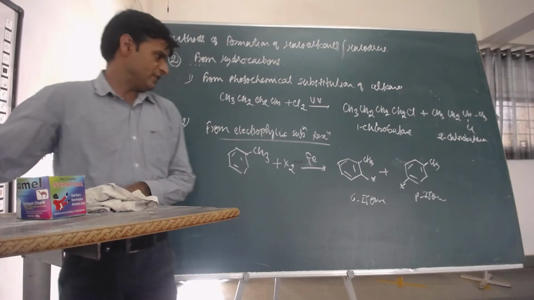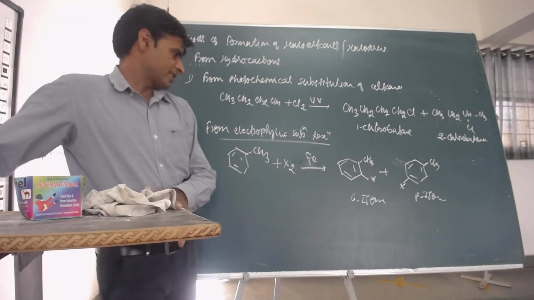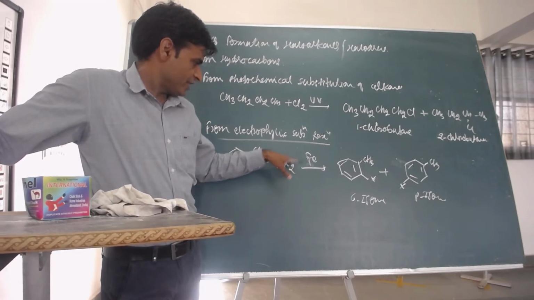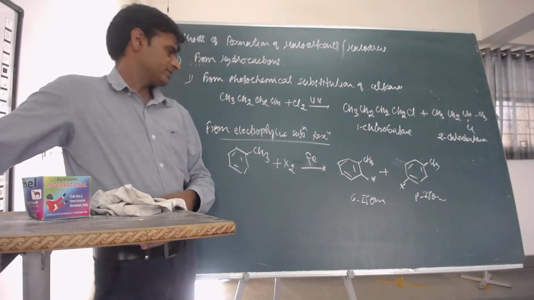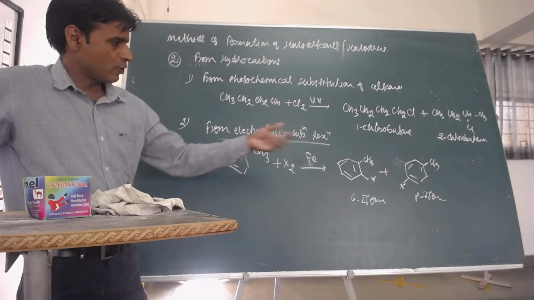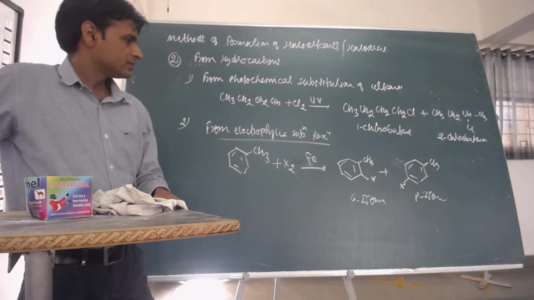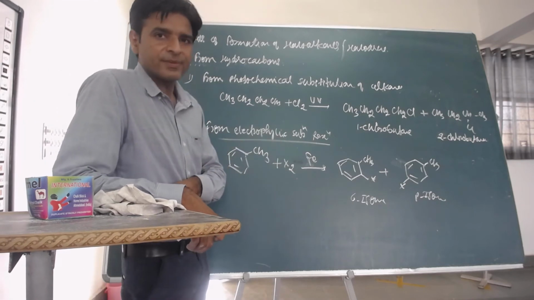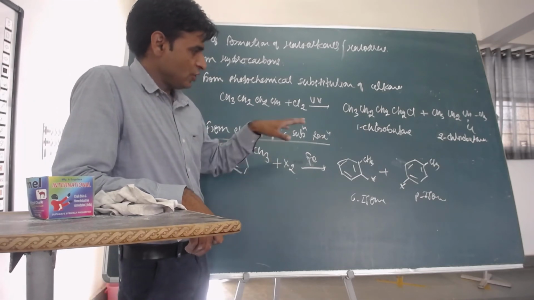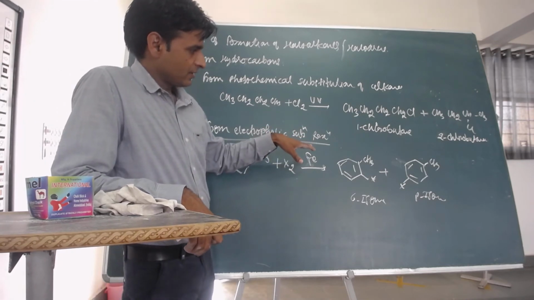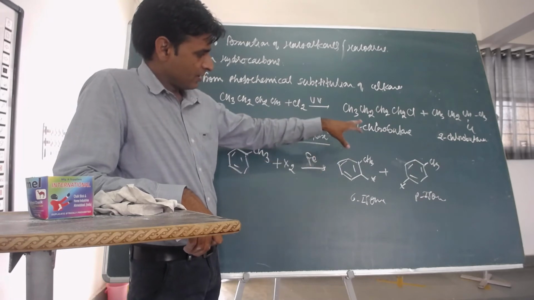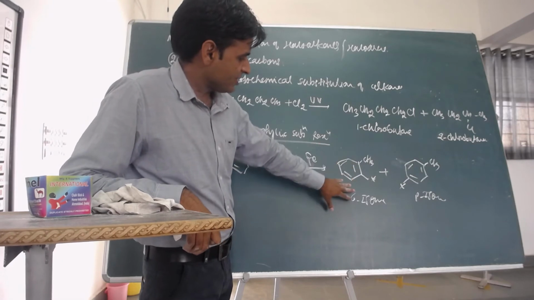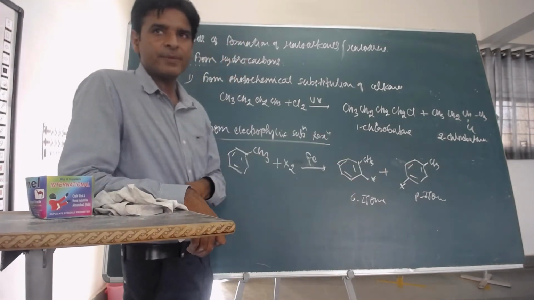But generally we face a problem in these reactions. When toluene is reacted with halogen in the presence of a Lewis acid, the products are obtained by electrophilic substitution. But from the solution mixture, how can we separate the ortho isomer and the para isomer?